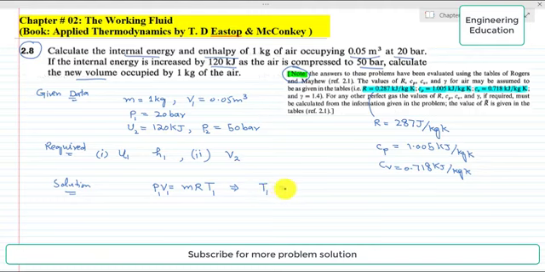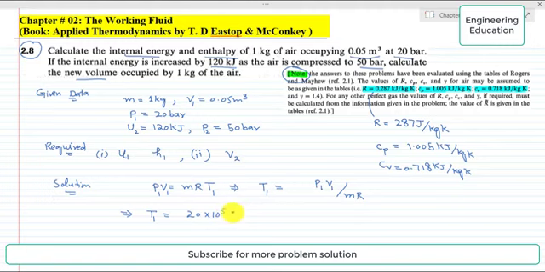It will become P1 V1 over mR. Putting the values, P1 is 20 bar, so converting bar into Pascal, we multiply 20 by 10 raised to power 5.